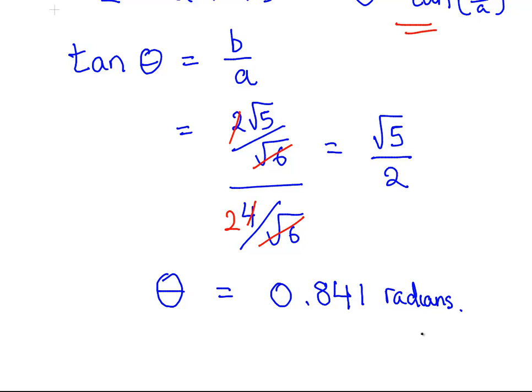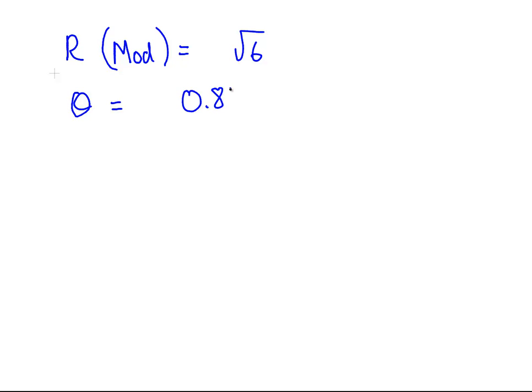Okay. So now we are ready to write out our expression z in polar form. We recall that the modulus is the square root of 6, and we call that r, the modulus, and theta is 0.841 radians.